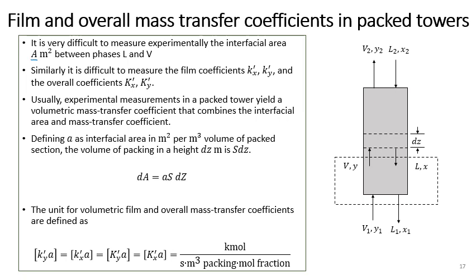Similarly, it is difficult to measure the coefficients, either interfacial film coefficient or the overall coefficient. Although we say that overall coefficients would be preferable to use compared to film coefficient, still it is quite difficult to measure.